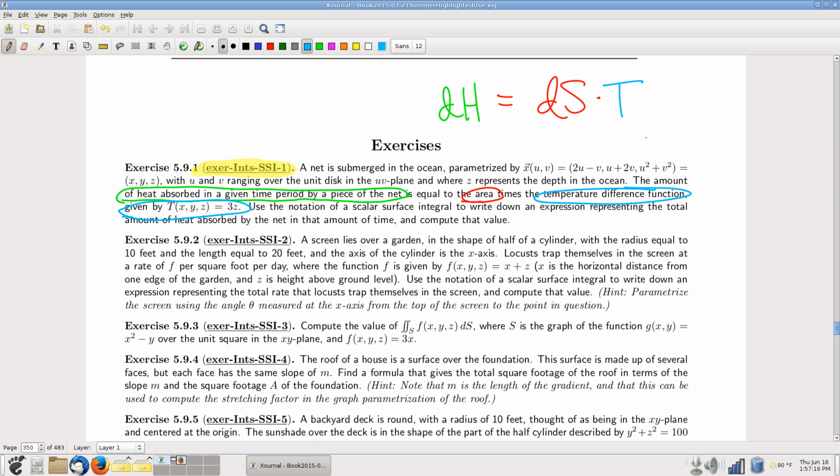The name for this function is capital T. So this is a given statement right here. Is that cool? Okay. All right.